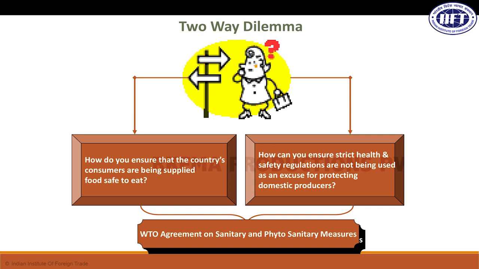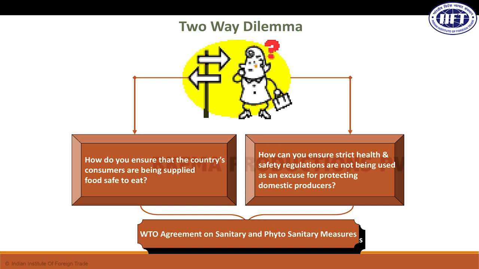First things first, when you want to export your product, friends, you have two concerns. You are an exporter from India, and your biggest competition, for example, if you export Alfonso mangoes from India, comes from Pakistan also selling Alfonso mangoes.